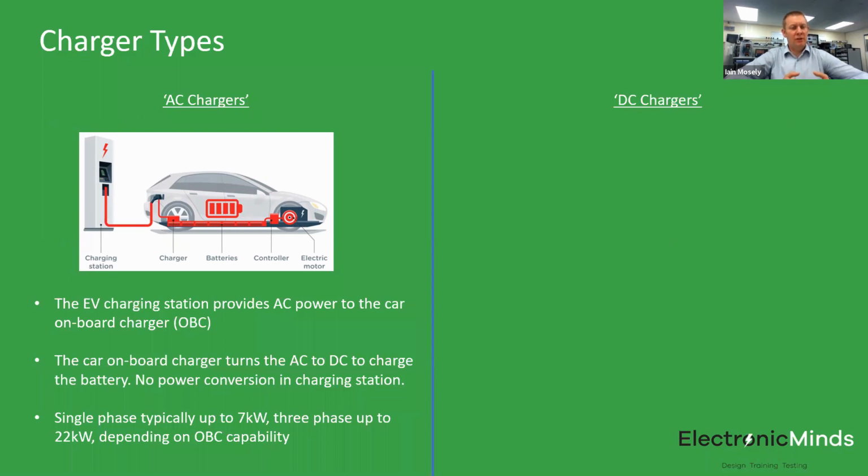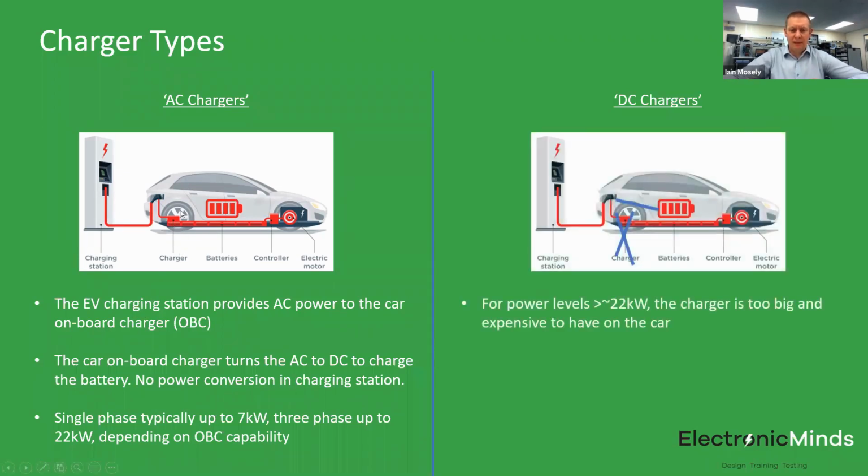If you want to charge your battery faster than that, the box of electronics that is sitting on the car, the onboard charger, becomes too big and expensive for you to have on your car. You can't just have an asset that's a high power converter sat on your car not doing anything most of the time. So in those scenarios, the charging station itself now contains a power converter block.